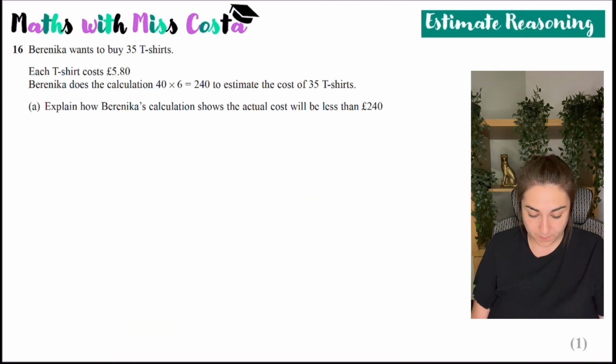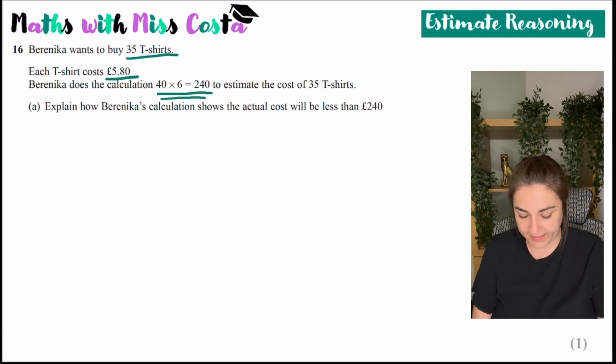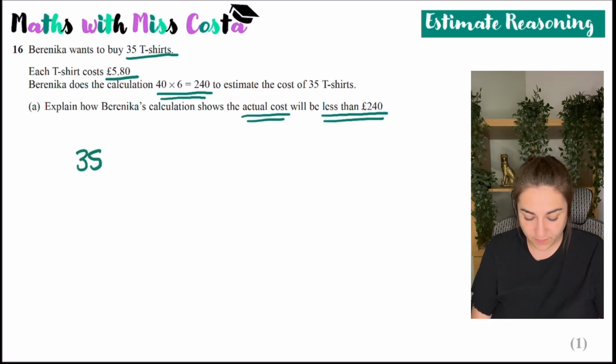Next, I'm told that Veronica wants to buy 35 t-shirts. Each t-shirt costs £5.80. She does the calculation 40 times 6 is 240 to estimate the cost of 35 t-shirts. Explain how her calculation shows the actual cost will be less than 240. Well, she's rounded 35 up to 40.